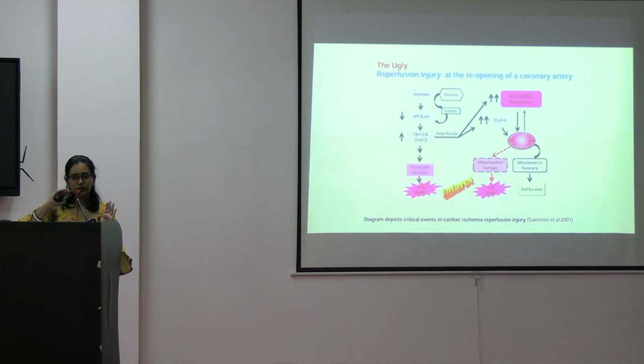What happens if the mitochondrial membrane is damaged? What moves out of the mitochondria into the cytosol? What is the most important ion which mediates the injury? Calcium. So there will be a further increase in the cytosolic concentration of calcium, leading to mitochondrial damage and cell death. If there is cell death, there will be infarction. Okay. Now is it okay? Better?